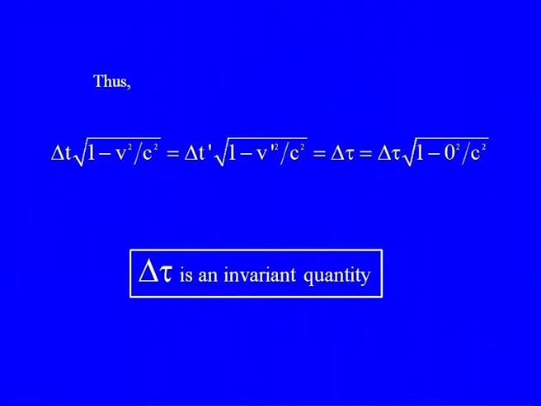Then delta t prime is the time interval measured in the frame moving with a certain speed v prime, and that is also equal to delta tau. So delta tau is an invariant quantity. The proper time, just like the proper length, is an invariant quantity.